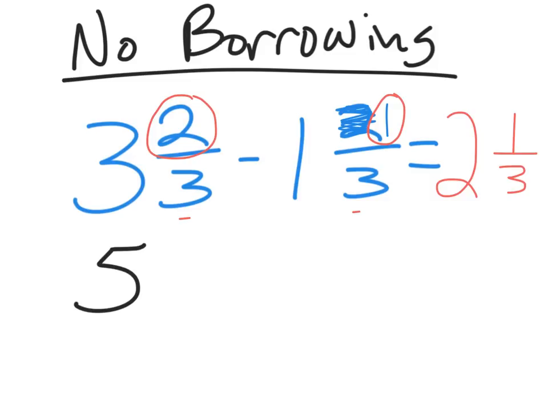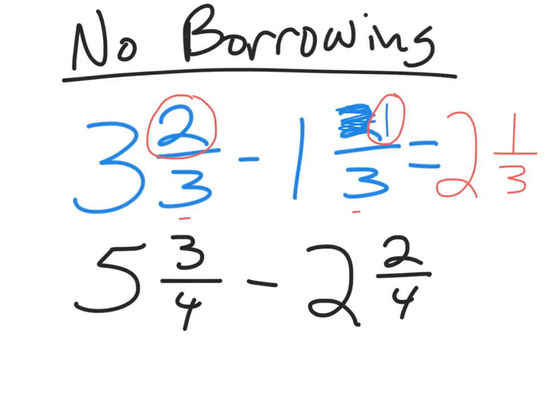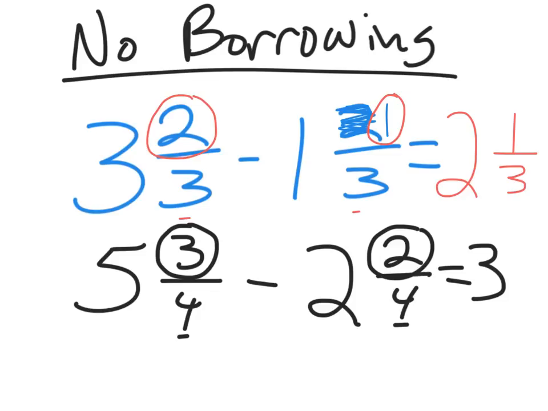5 3/4 minus 2 2/4. Again, first we check to make sure we have common denominators. We do. And then we look at the numerators. 3 and 2. The first mixed number has a larger numerator, so I don't have to borrow. So now I just simply subtract the whole numbers. 5 minus 2 is 3. Keep it over the denominator 4.